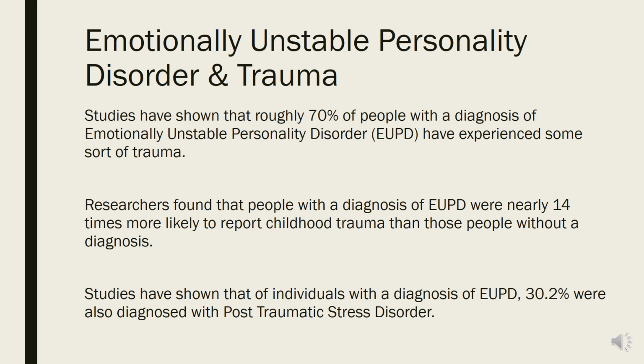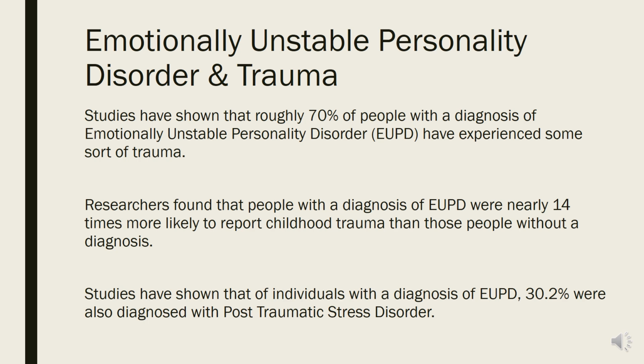And often now you might have come across or heard about complex post-traumatic stress disorder. And complex trauma really has many features, and is very similar when we look at emotionally unstable personality disorder.